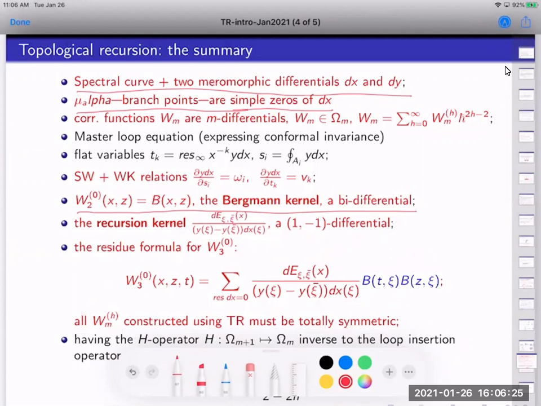Then the second order correlation function is the Bergman kernel. Then we have the recursion kernel, and then we construct all higher correlation functions using topological recursion.